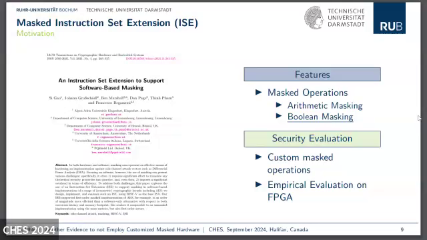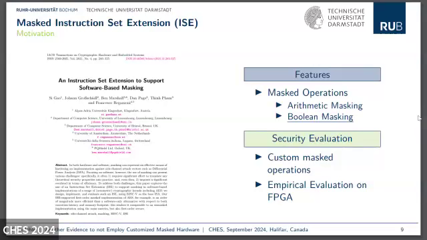And one work which did this is the paper "An Instruction Set Extension to Support Software-Based Masking" by Gao et al., presented at CHES 2021. This work features Boolean and arithmetic mask operations, as well as a few more, like converting between both worlds. And the security of this mask instruction set extension was empirically evaluated on an FPGA board.